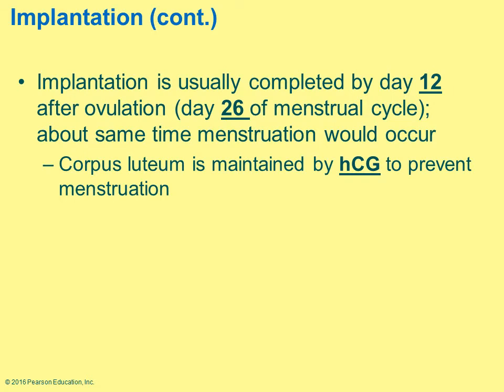Now, when implantation occurs, it's about day 26 after the menstrual cycle. The corpus luteum, remember, that was the remains of the follicle in the ovary, and it has been secreting hormones that will help prevent menstruation from occurring.